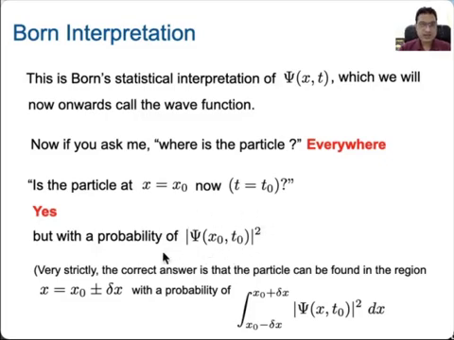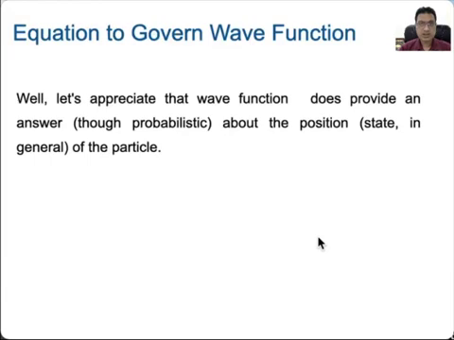Or in a very strict sense, this is the probability of finding the particle in the integration way that we have seen on the previous slide. Let's appreciate that the wave function does provide an answer, although in a probabilistic way, about the position, or what we could call the state of a particle.